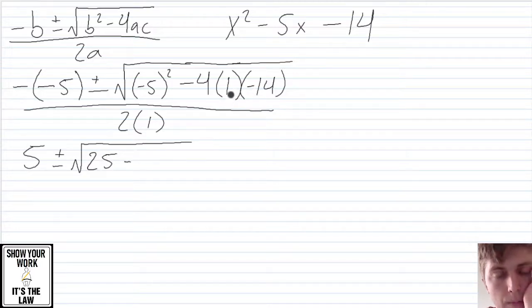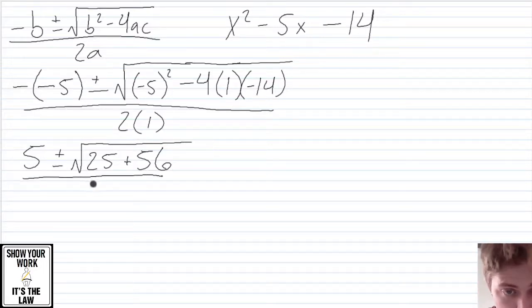Minus 4 times 1 times -14. Well, it's -4 times 1 times -14. The negatives cancel, so really we're just looking at 4 times 14, which equals 56, I believe. +56 because our negatives cancel. Does that sound right? Yes, it does. And then 2 times 1 is just 2.